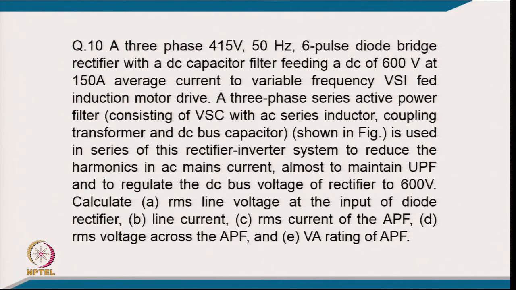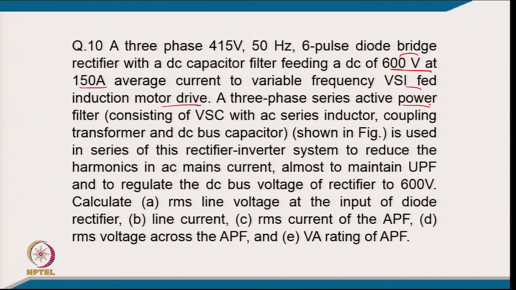Coming to the 10th numerical problem: a 3-phase 415 volt 50 hertz 6 pulse diode bridge rectifier with a DC capacitor filter feeding 600 volt at 150 ampere average current to a variable frequency voltage source inverter fed induction motor drive.